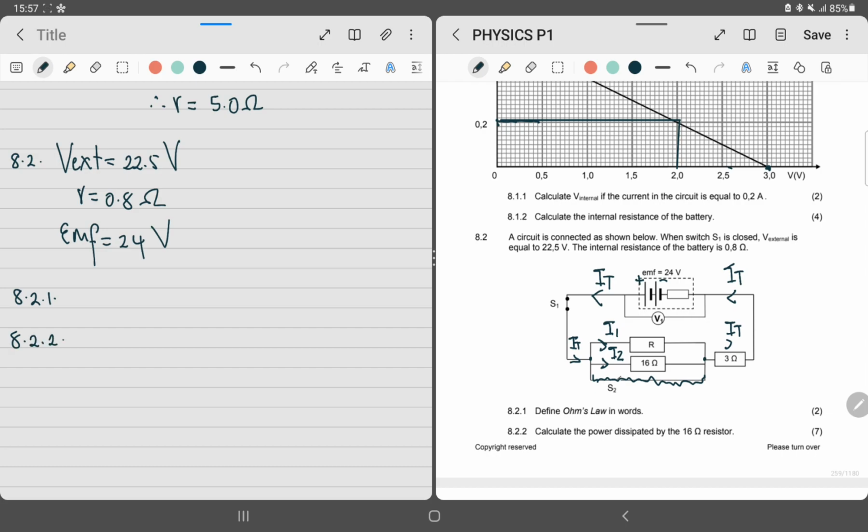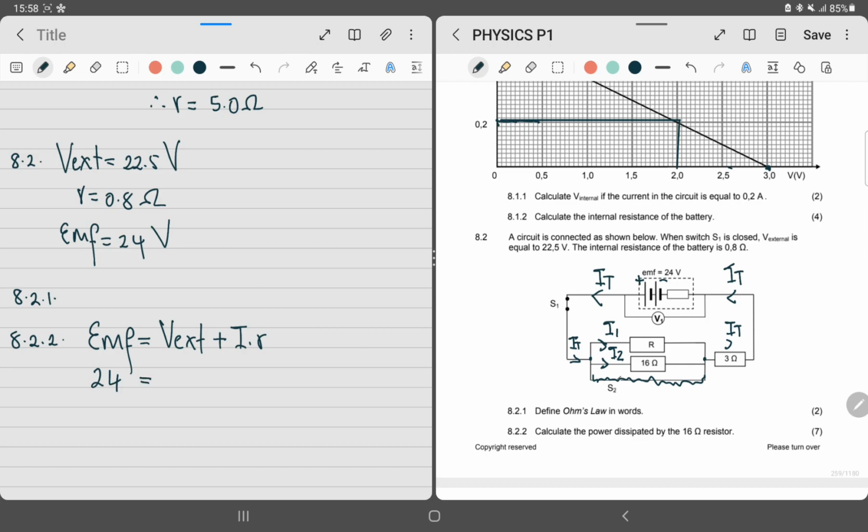8.2.2. Calculate the power dissipated by the 16 ohm resistor. In this case, we have the EMF, we have V external, and the internal resistance. So it's possible for us to calculate the total current. EMF is equal to V external plus I multiplied by the internal resistance.